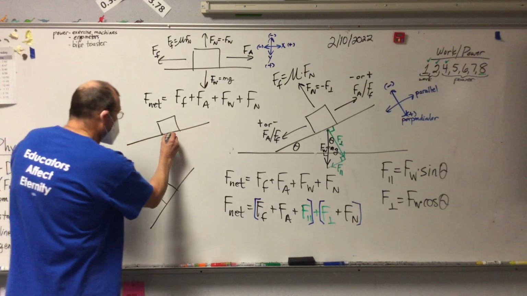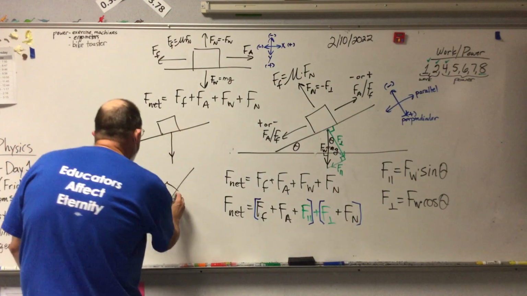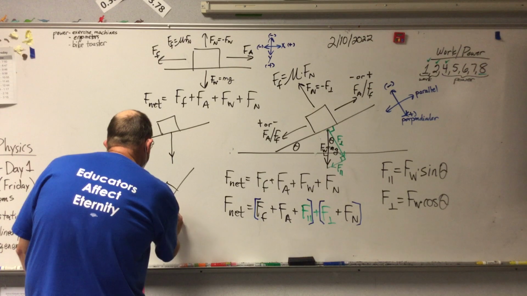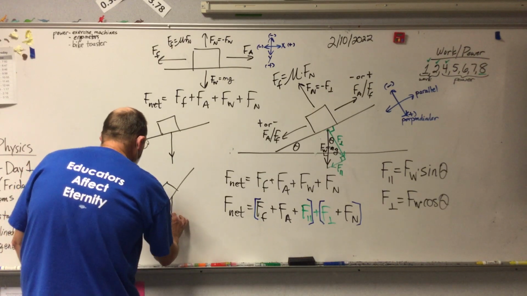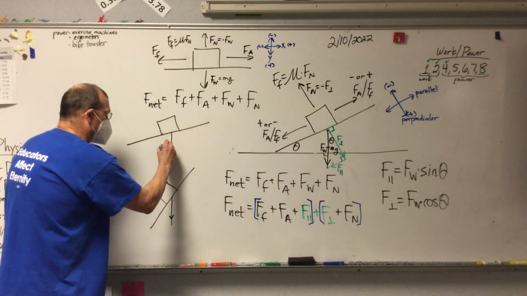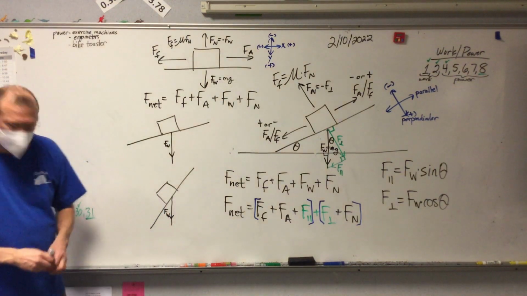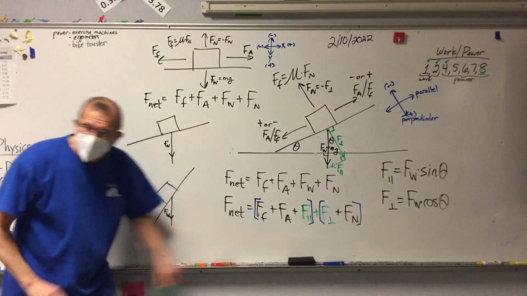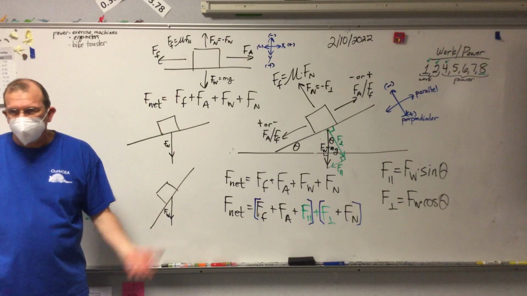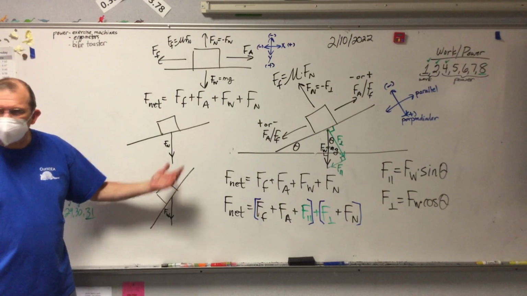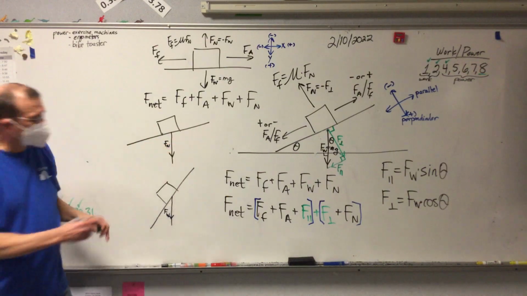It doesn't matter what length I make it, but once I make it on that one, I think I'm pretty close there. So this is my FW. If someone says, oh, you did more with gravity, we didn't, because FW is the same for both of these. But we're going to resolve it.